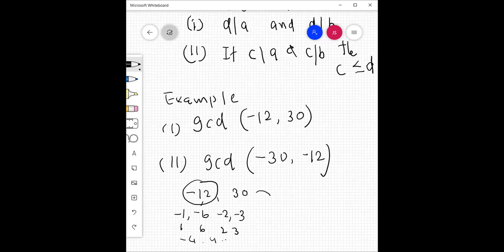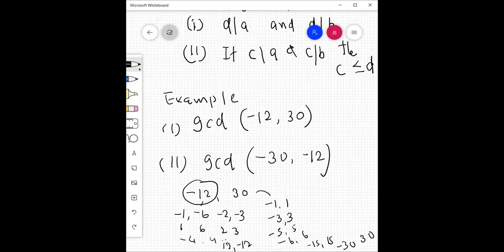And again, what are the divisors of 30? Minus 1, 1, minus 3, 3, minus 5, 5, minus 6, 6, minus 15, 15. Of course, 12 and minus 12 are also divisors of minus 12, right? And minus 30, 30. Now, among those divisors, 6 is the largest divisor, right?